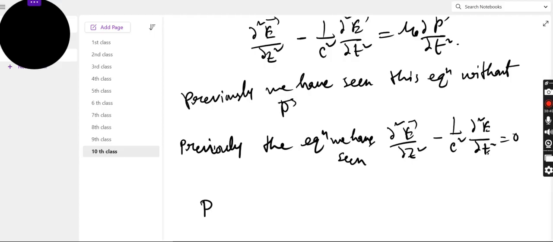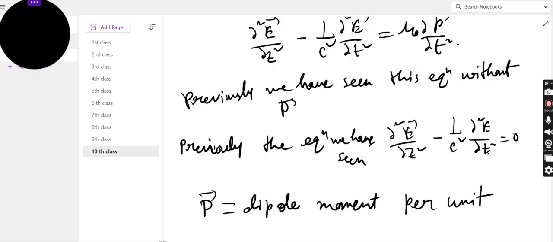So now there is a polarization P. The polarization is basically dipole moment per unit volume.